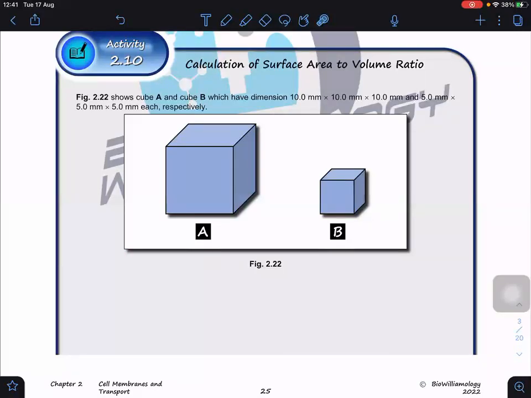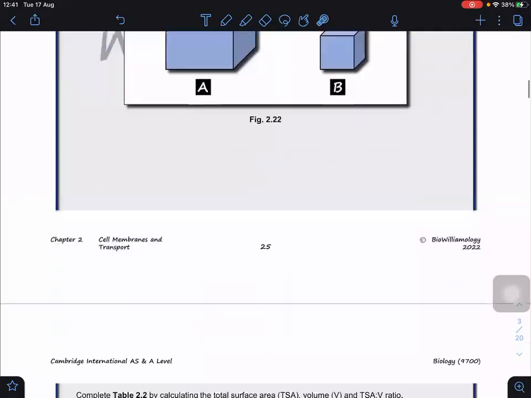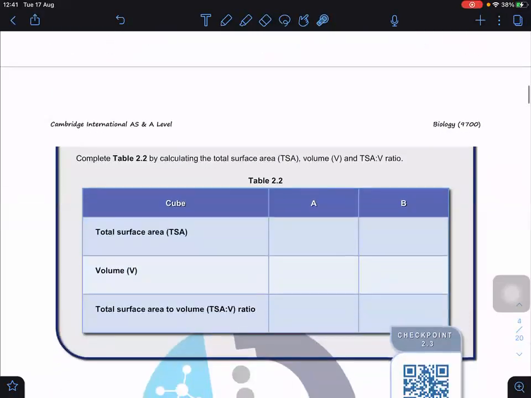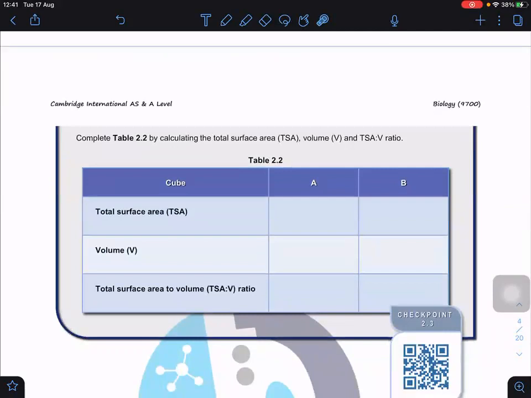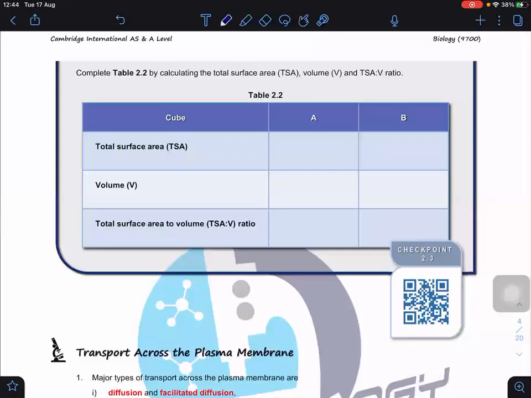So this is the cube. What you need to do now is calculate the total surface area, calculate the volume, and calculate the total surface area to volume ratio. Try to figure out what the unit is. For A, it is 10 by 10 by 10.